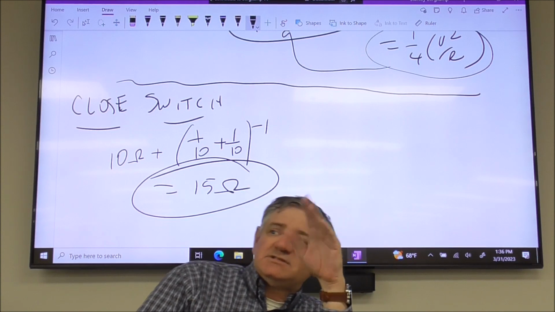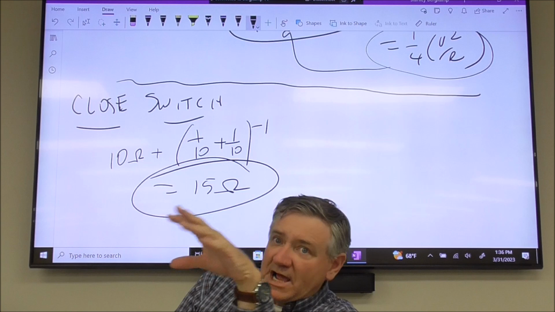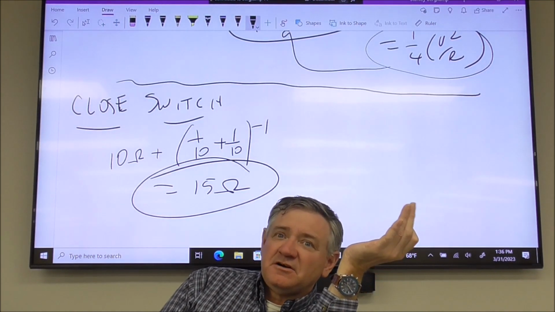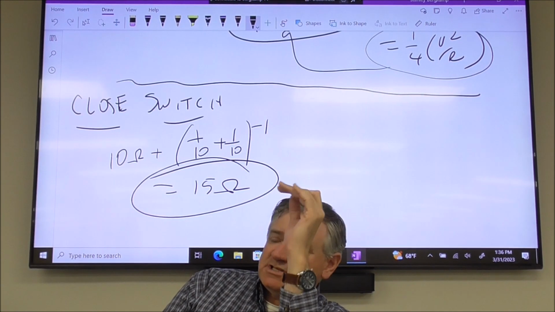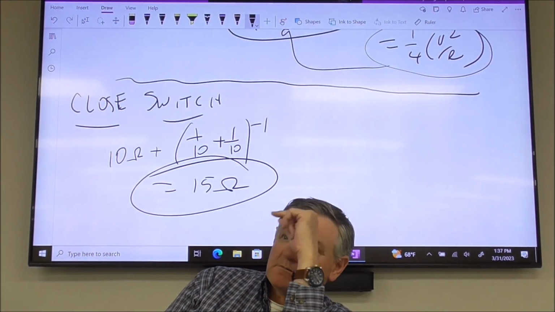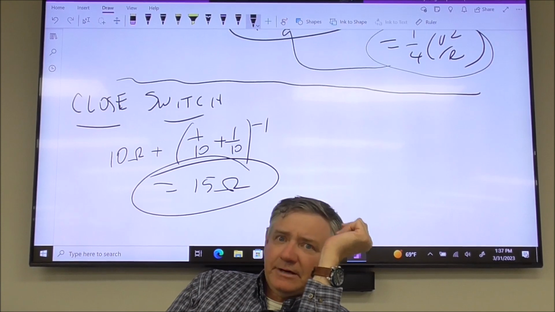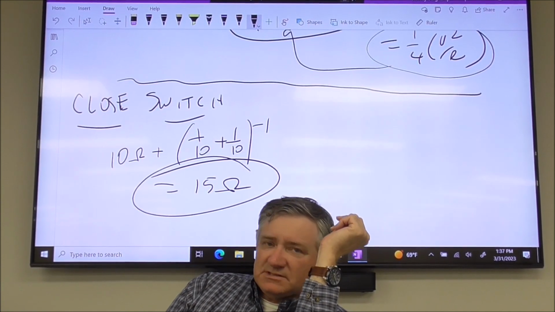So how this plays out if you're an electrical engineer: let's say this is the task. If these were actual resistors, you say, I have nothing but 10 ohm resistors. How can I build an equivalent resistance of 15 ohms? I take 2 of them, put them in parallel, and add that to 1 in series.